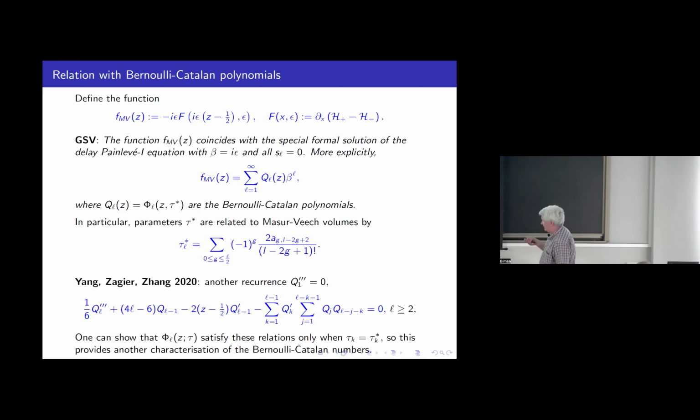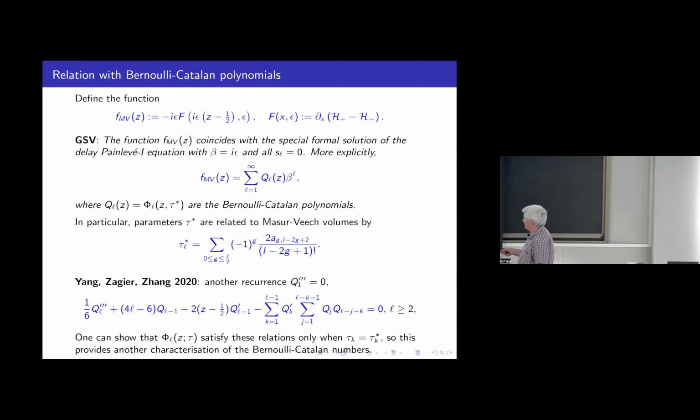Okay, and actually, in the paper of Yang, Zagier, and Zhang, there is another equation, which is differential, and from this equation we have this recurrence relation. And I visited Yang recently, and he pointed out that this equation uniquely determines tau star.